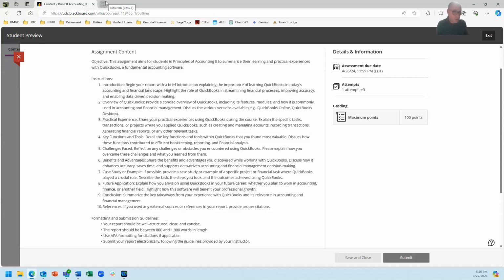Those references could be the QuickBooks website, the LinkedIn Learning certificates, or other websites where you found this information to help you learn it. You see what I'm saying? So ideally, you should have a few references.